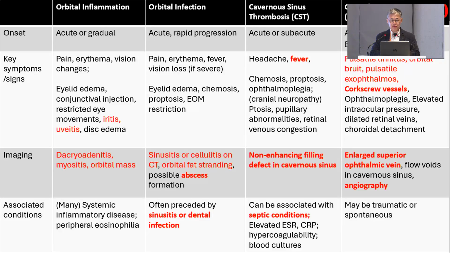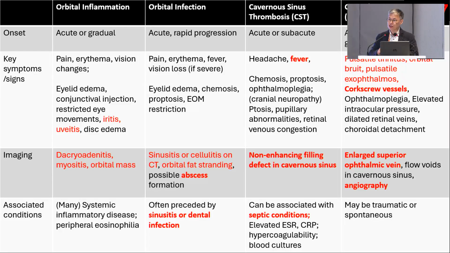What about inflammation versus infection? Well, not always the easiest to tell, but look at the history, and that's in the bottom row there. If they have a history of recent sinusitis or dental infection, and ask this in the history, think about a possibility of an infection.